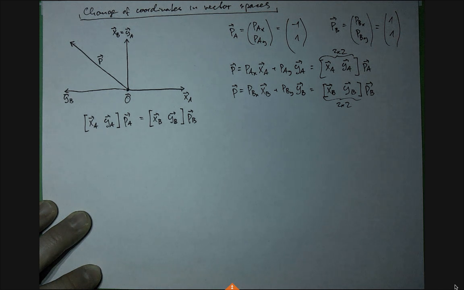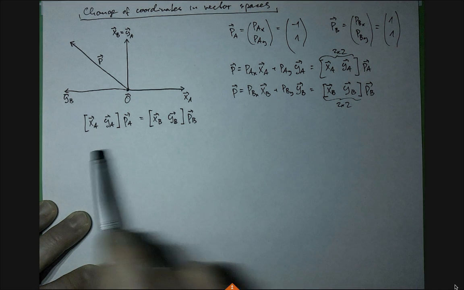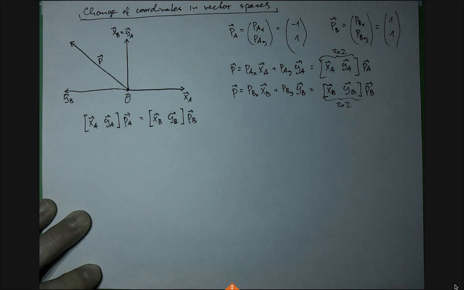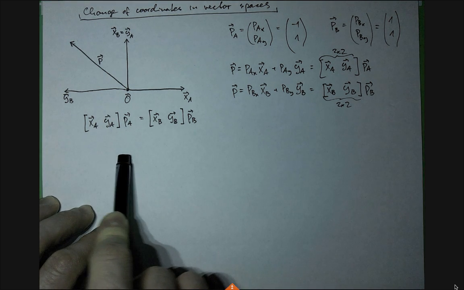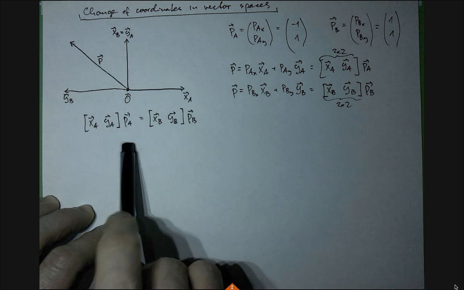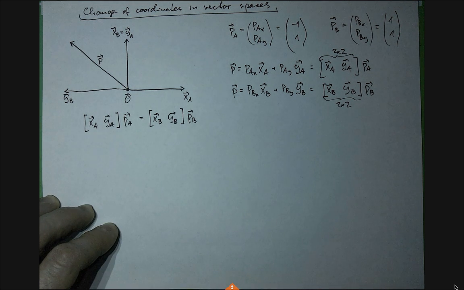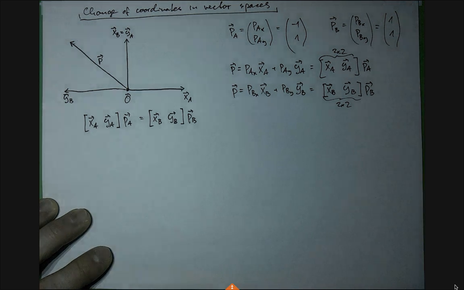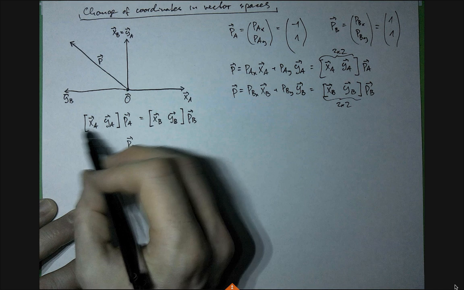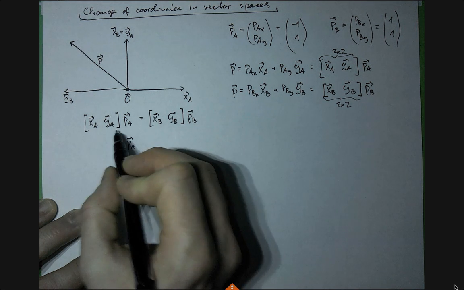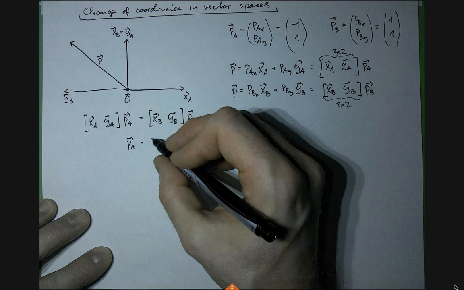And from this is obvious, using the matrix inversion, that's why I had to introduce the matrix inversion. From here, it's clear how I get the matrices corresponding to change of coordinates from one basis to another. So for example, if I want the matrix that changes coordinates from basis B to basis A, all I need to do is multiply from the left with the inverse of the XA YA matrix, and I get this.